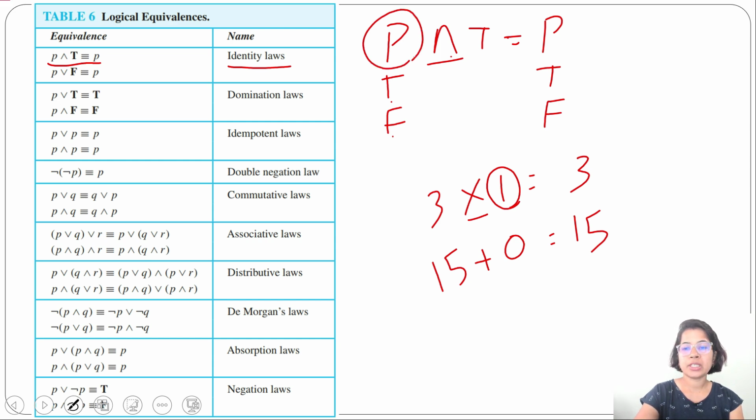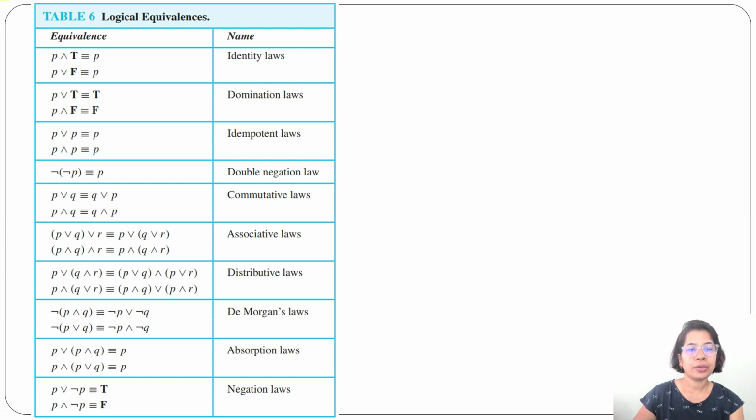So any propositional variable and with true will be the same propositional variable. That is the identity law. Next, for false, P or false. If P is true, true or false will be true. If P value is false, false or false is false. So you can say true is the identity for and, and false is the identity for or.